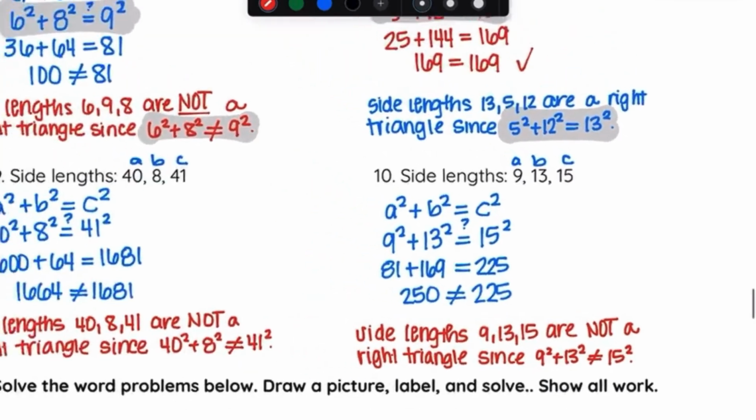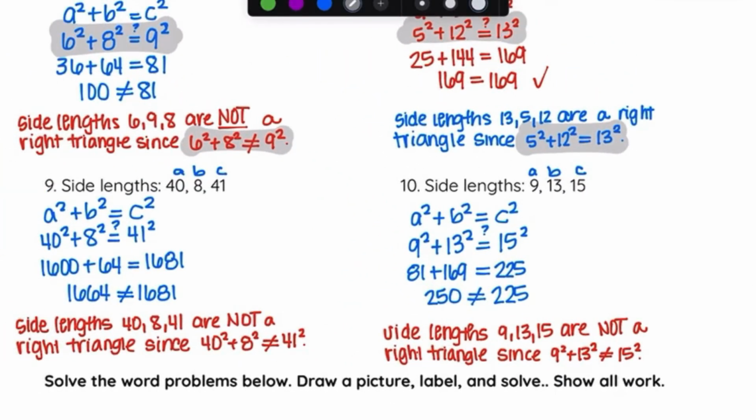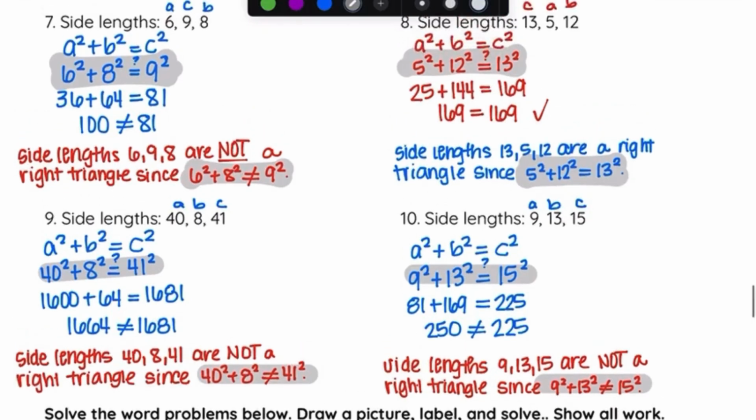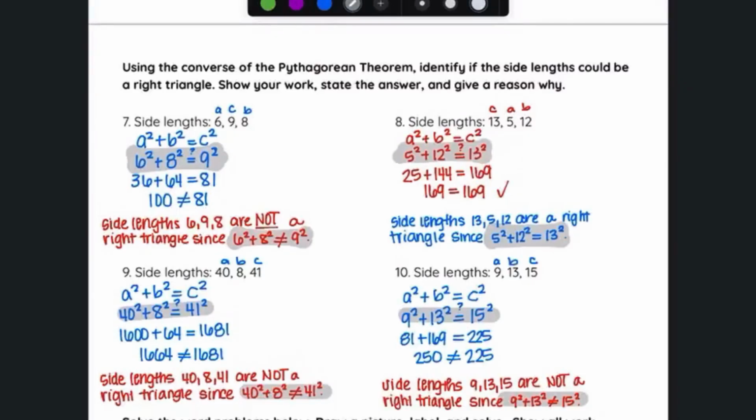Okay? And again, if you're wondering where these statements are coming from, it is that initial plugging in of the Pythagorean Theorem is where I'm getting those, okay? So, again, if you have questions about the converse, please make a comment.